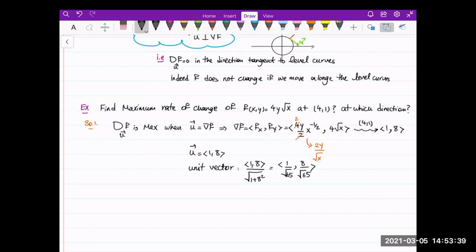Okay, and in that direction is maximum. Max in the direction of this vector. And now, find the maximum rate of change. I need to calculate the maximum rate of change.